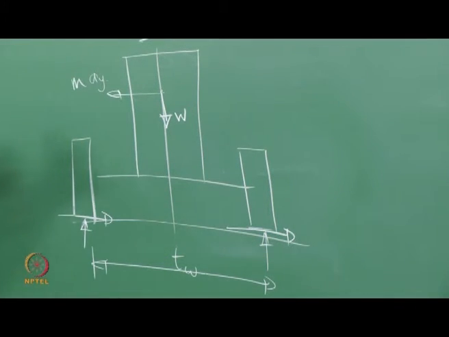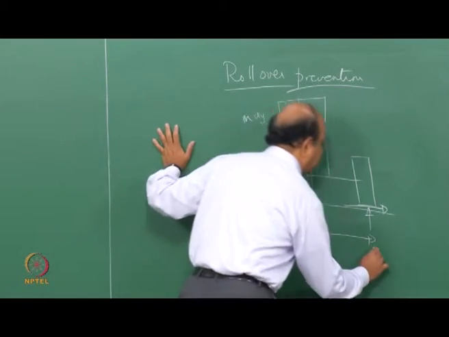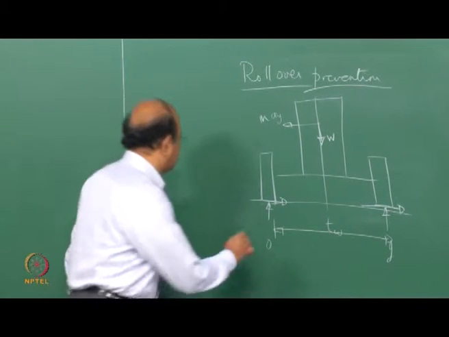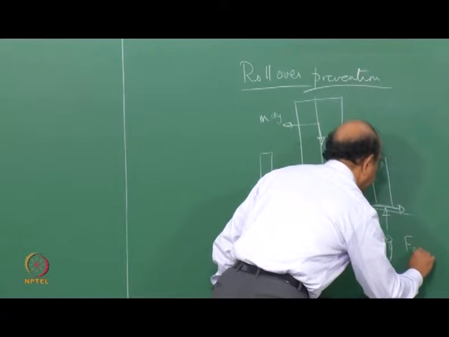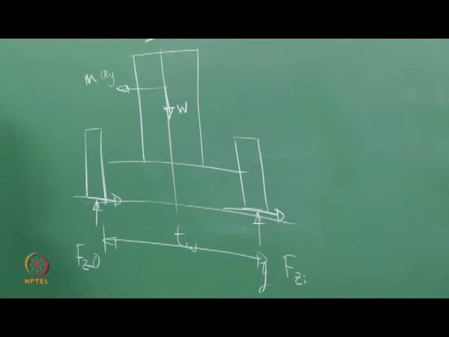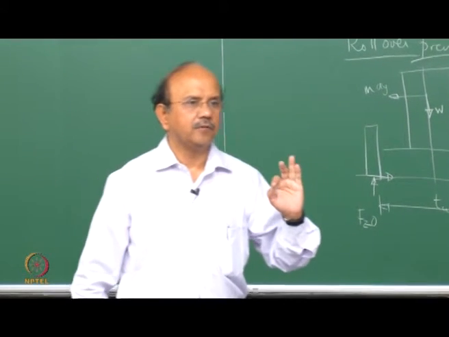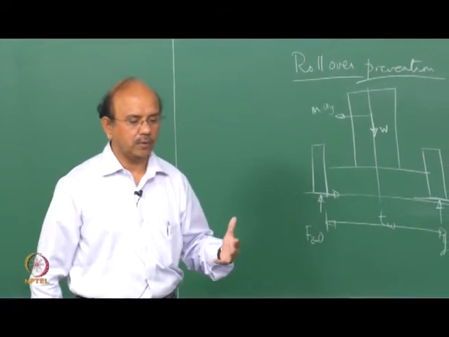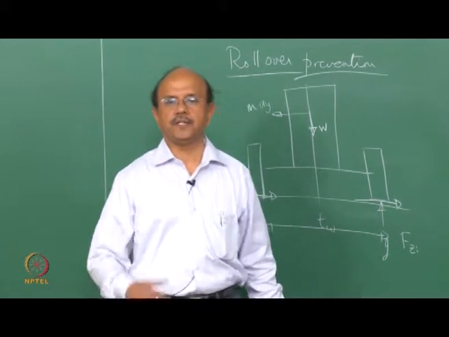Obviously, you see the roll as the vehicle takes a turn. Let's say that this is the outer tire and that is the inner tire. The FZ that's acting here is FZ outer and FZ inner. I'm defining that the vehicle rolls over once this FZ inner goes to zero.